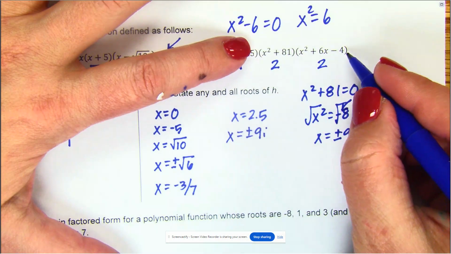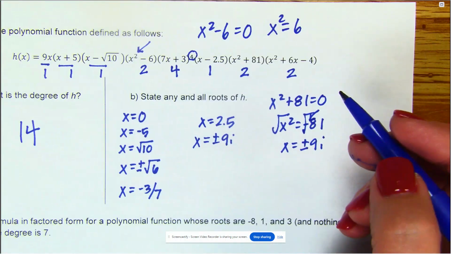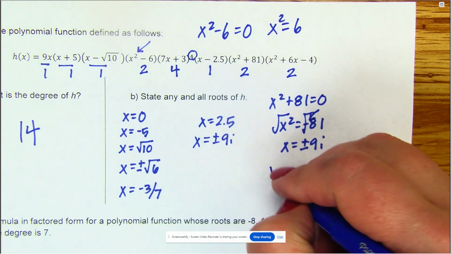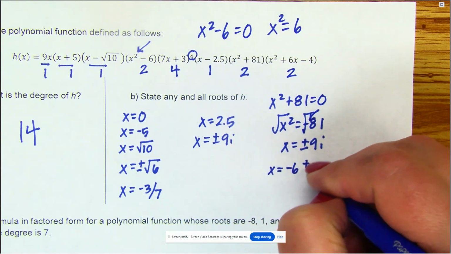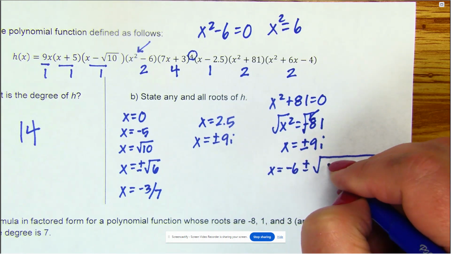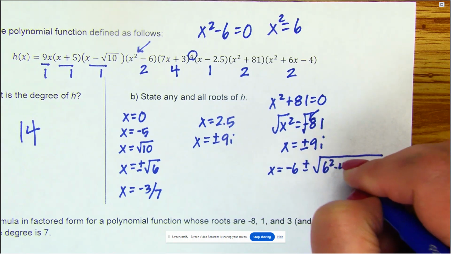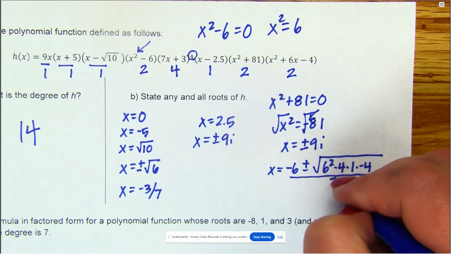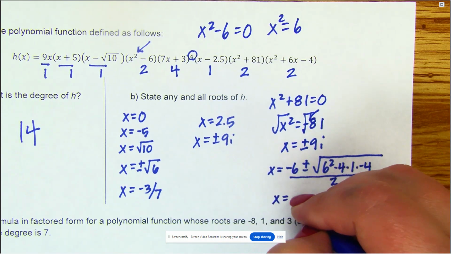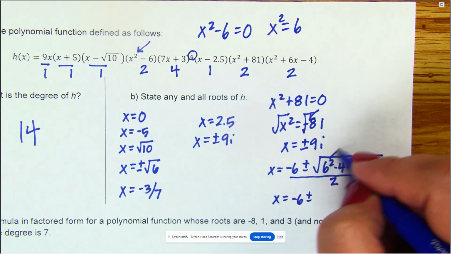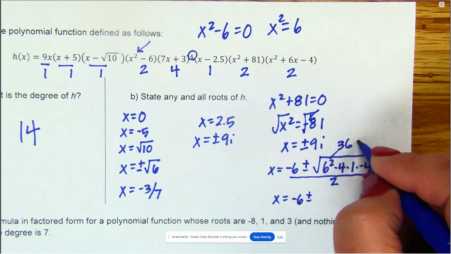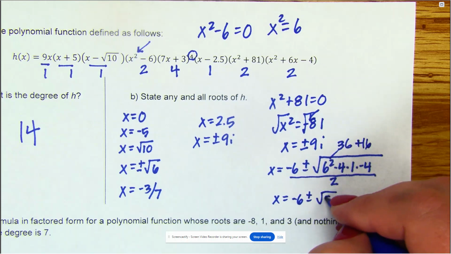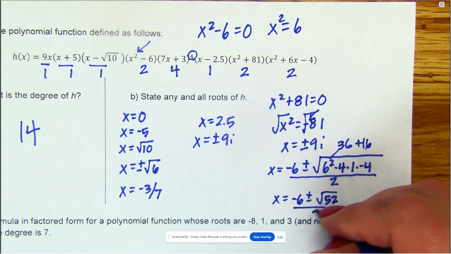And then this one, to find the roots, we're going to have to do the quadratic formula. X equals negative b plus or minus the square root of b squared minus 4 times a times c, all over 2a. X equals negative 6 plus or minus, that's 36 plus 16, so that's 52, all over 2.